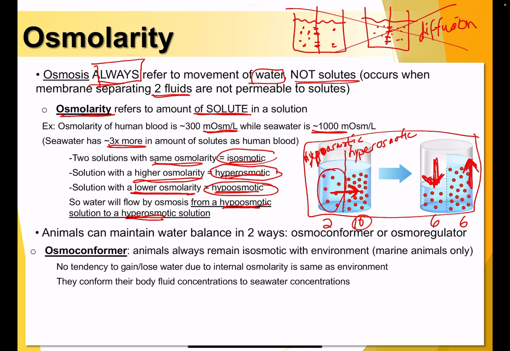For animals that are osmoconformers, these are animals that always remain isoosmotic with their environment, which means they don't need to change their salinity or solute concentration in their body. Their solute concentration is already the same as their environment. They always keep their body at the same solute concentration as the outside. They don't change. They don't need to.